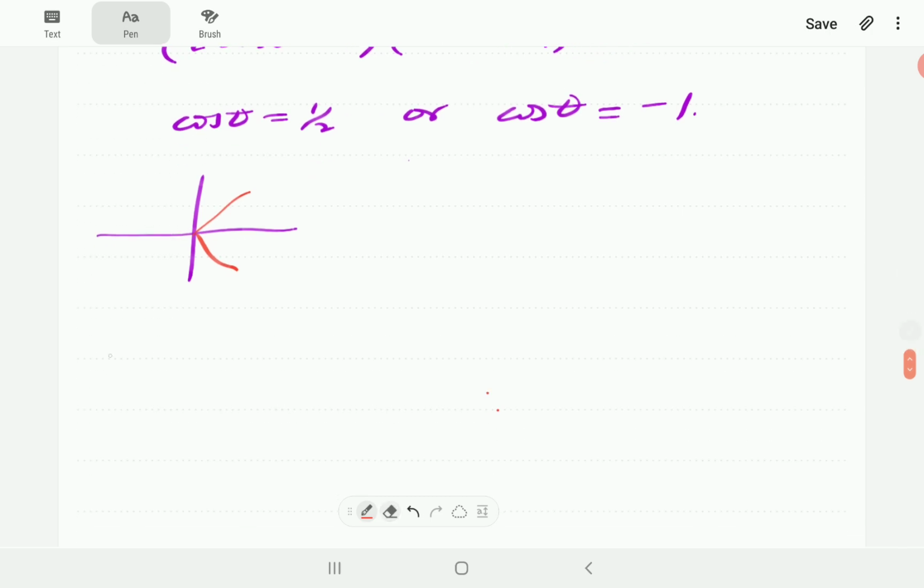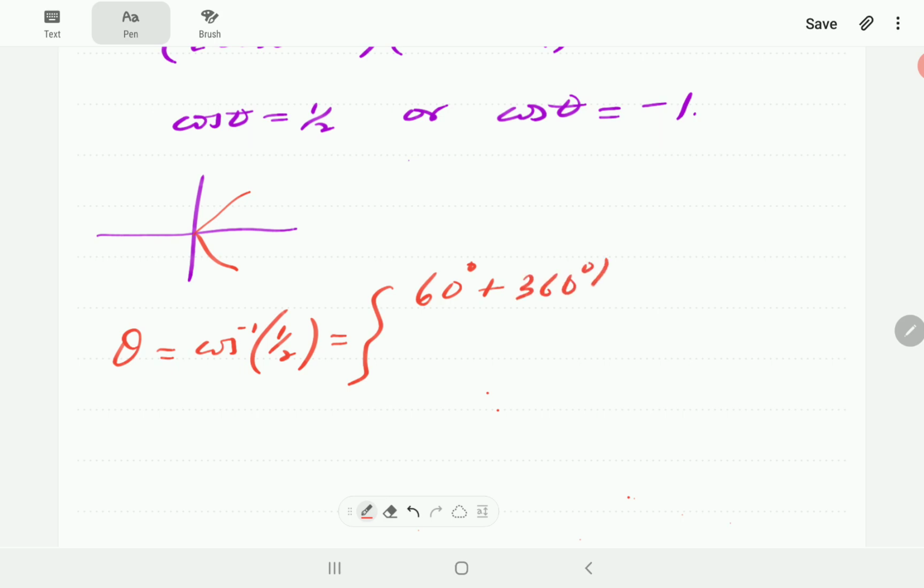Then if we do inverse cosine of 1/2, we are going to get 60 in the first quadrant, and we can either write -60 or 300 in the fourth quadrant.